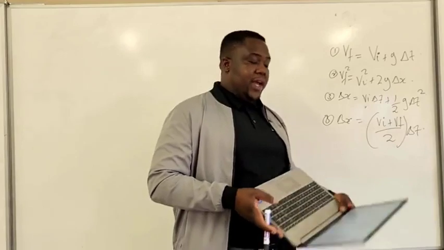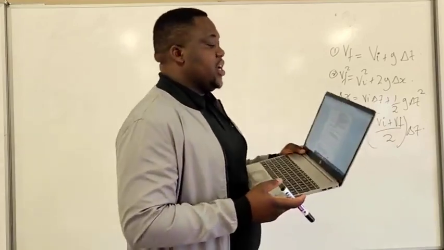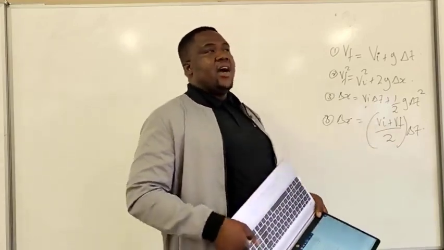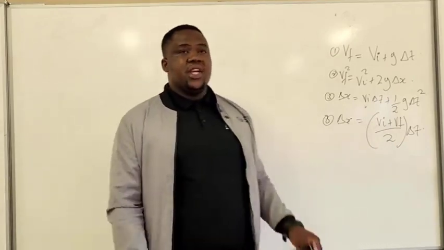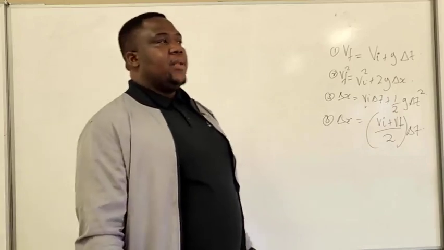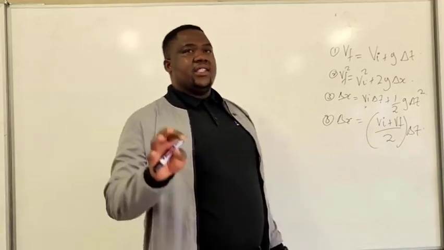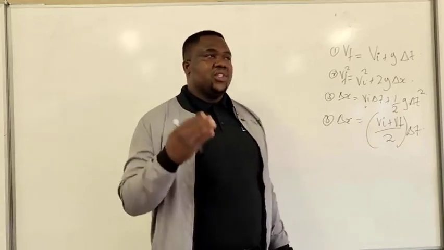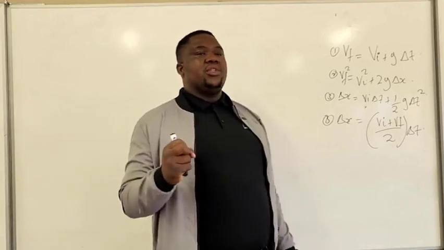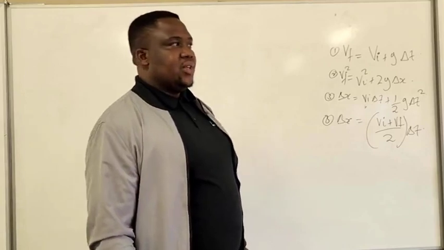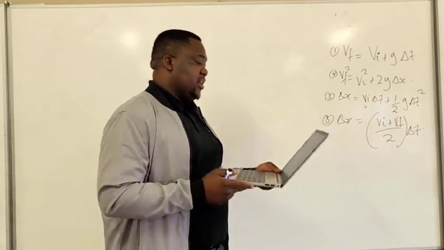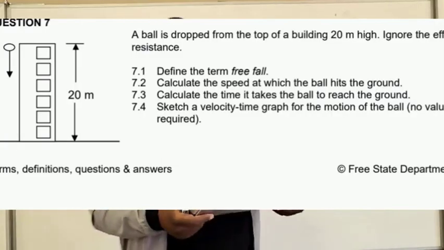Now I've displayed the question. Question number 7. I want us to read question number 7. It is just a simple question, so I'm going to start from simpler questions, then go to complex ones.